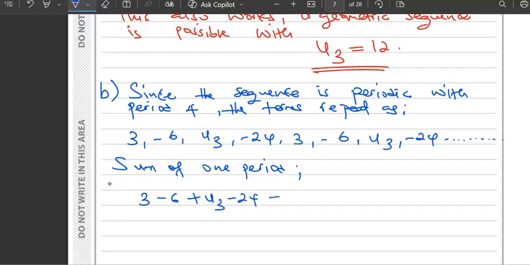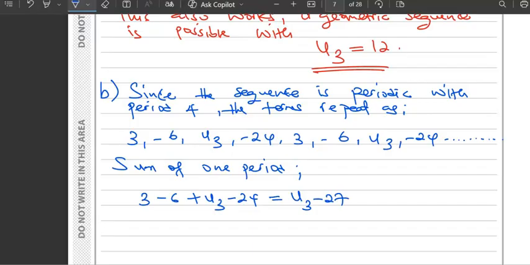Collecting the like terms, 3 minus 6 is negative 3, minus 24 is negative 27. So we'll have u3 minus 27 as the sum of one period.